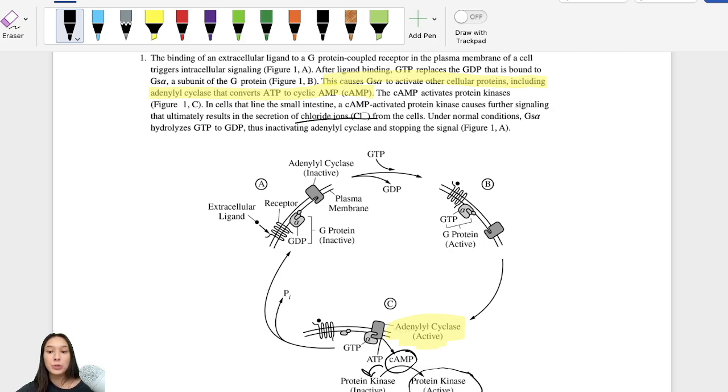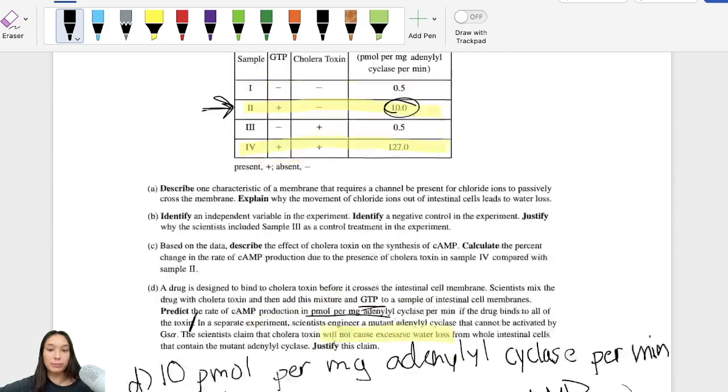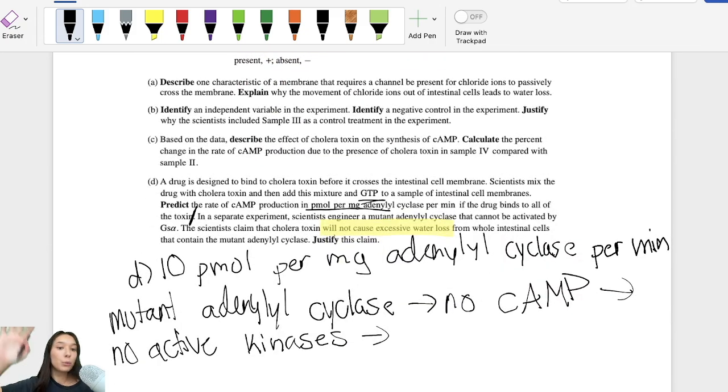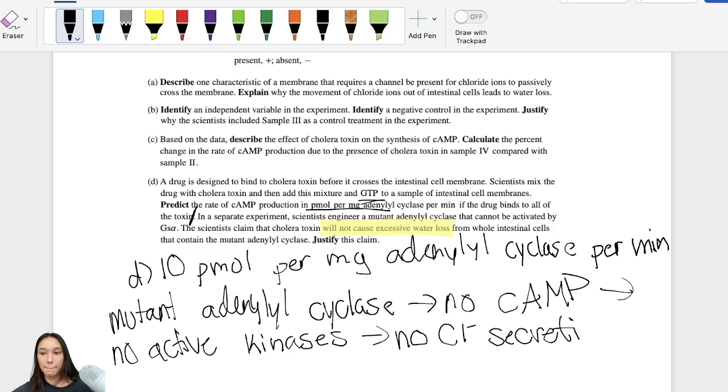So the active protein kinases cause chlorine to be secreted. We do not have any active protein kinases because we didn't have cyclic AMP because our adenylyl cyclase was inactive. So ultimately, you're going to get no chlorine secretion, okay? So this whole pathway has been disrupted because you've mutated adenylyl cyclase. So you actually have no chlorine secretion. Okay, this is what happens. So mutant adenylyl cyclase gives us no cAMP, gives us no active kinases, and then gives us no chlorine secretion.